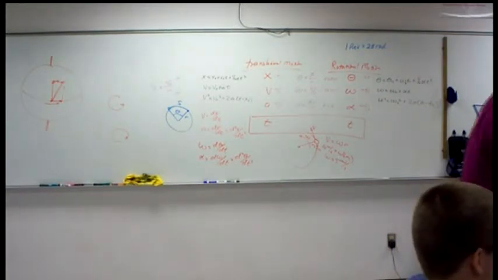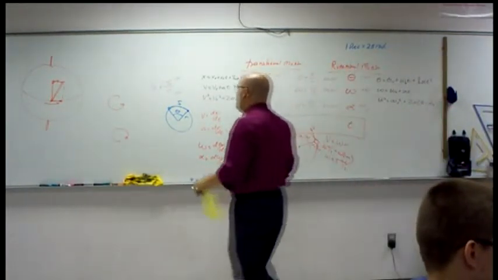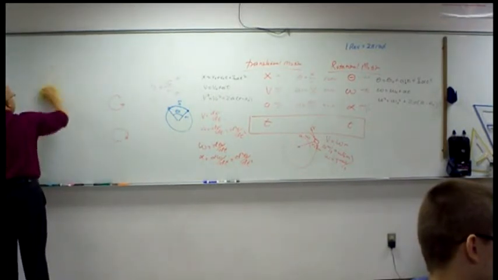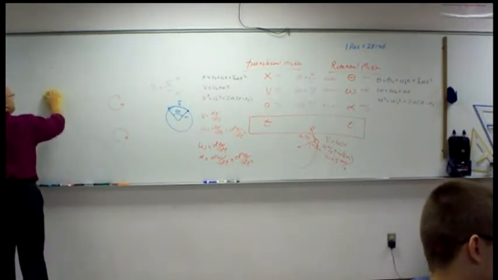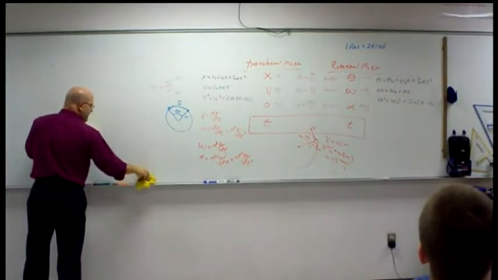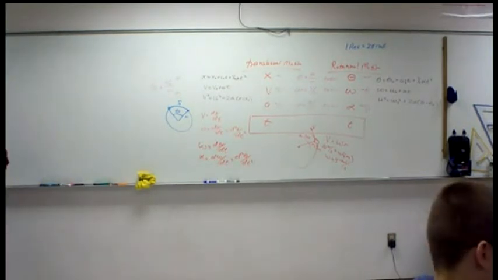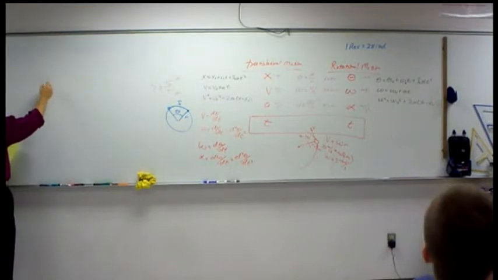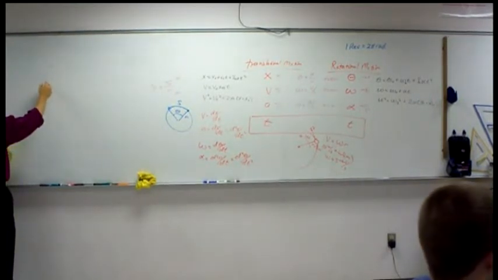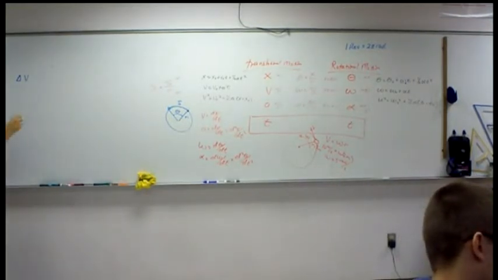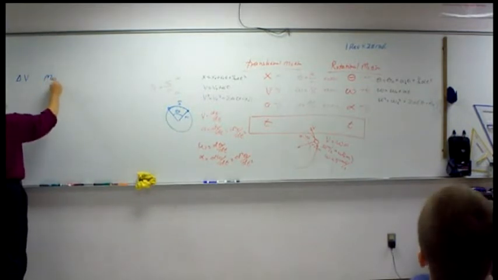All right, now let's talk about acceleration real quick. There are two types of acceleration, everybody. Centripetal and non-centripetal, right? Translational. When an object is accelerating, that's a change in velocity.